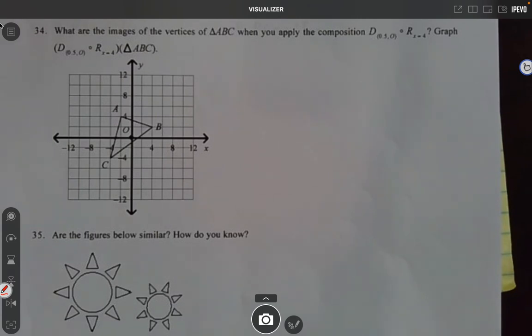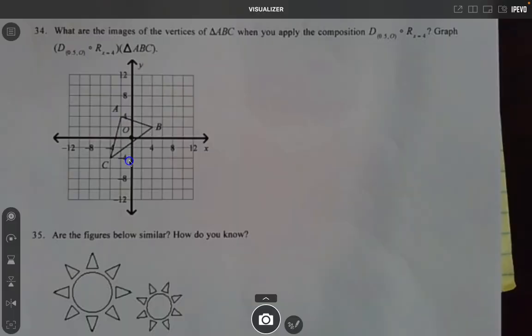Okay. So x equals 4 is that line right there. Does everybody agree? So if I reflect it over that, I'm just flipping it over. So this point, it's on that line, so it's going to stay on that line. This one is 1, 2, 3 squares away, so this one's gonna be 1, 2, 3 squares away. I know I'm counting by 2, but I'm just seeing my distances.